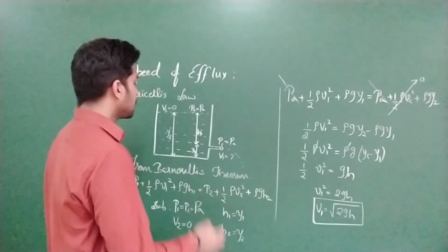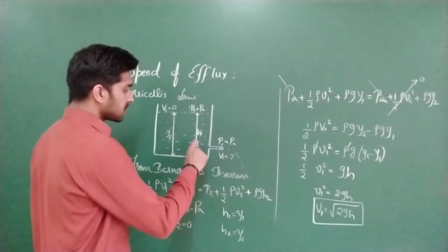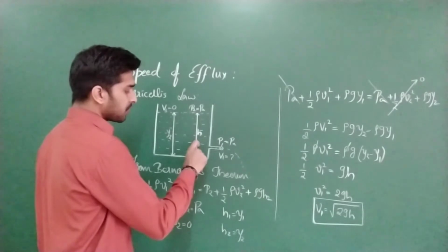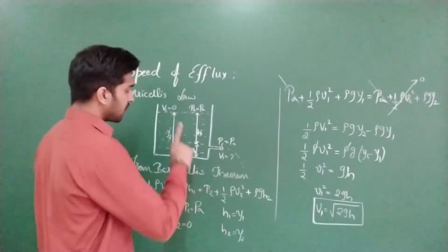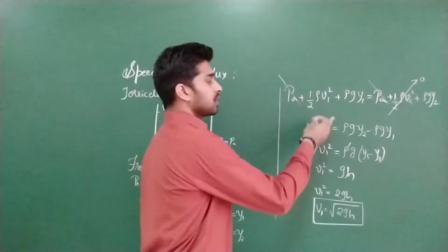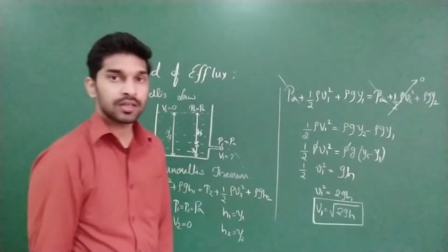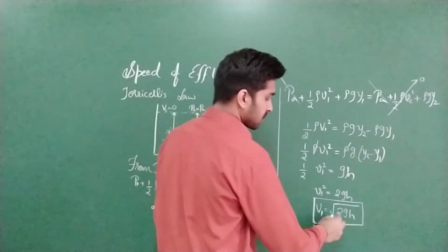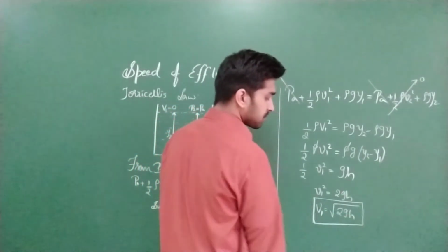In this equation we put h1 as y1, next we put h2 as y2. So we solved it, easy mathematical steps, you will come to know. Finally you are going to get V1 is equal to root of 2gh, clear?